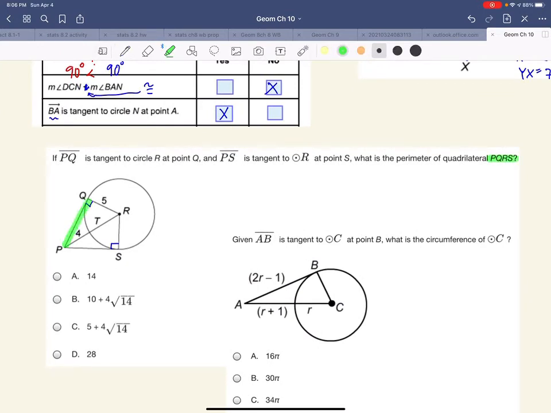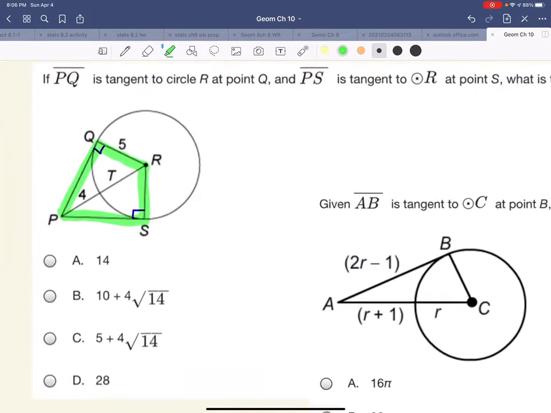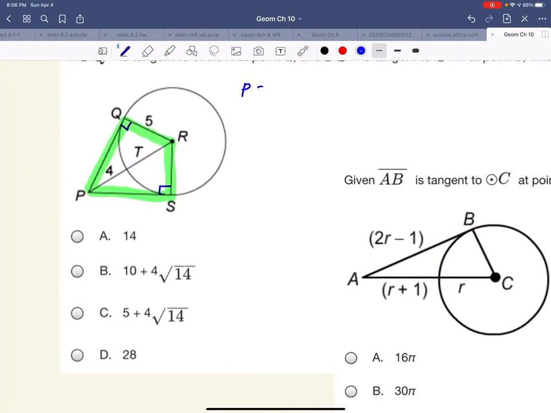So I have to add up the 4 sides, just like we added up the 3 sides of our triangle. This radius is 5, and all radii are equal, so this would also be 5. So 2 of the sides of our quadrilateral are going to be 5 and 5. And then these have to be equal to each other, so we just have to figure out what these are.